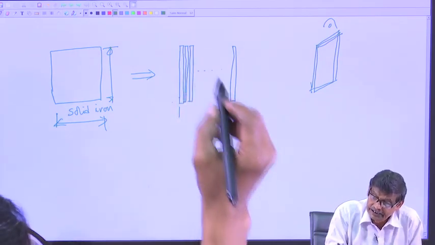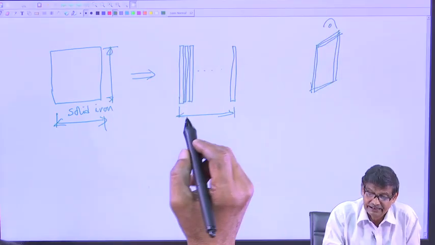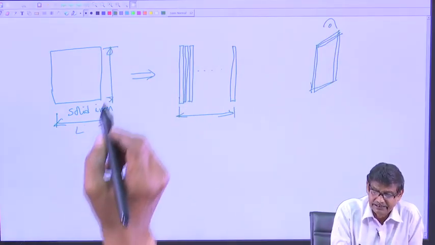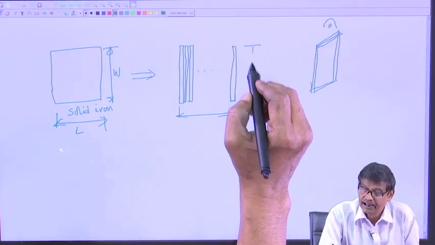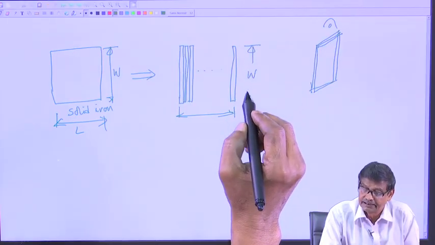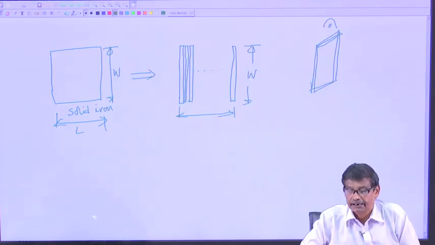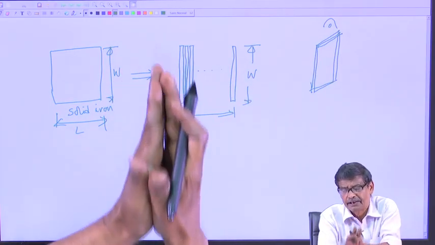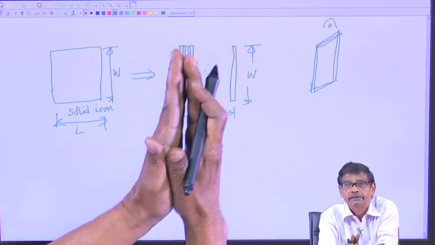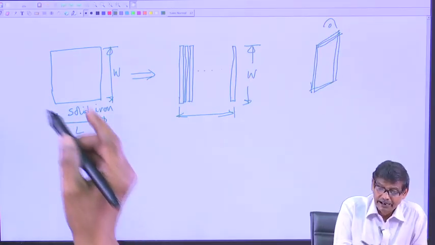So, this one, this length, and this is the width. Suppose this is the length, this is the width of this area. I can realize that area like this, and I kept several thin plates together. And then where is your coil?